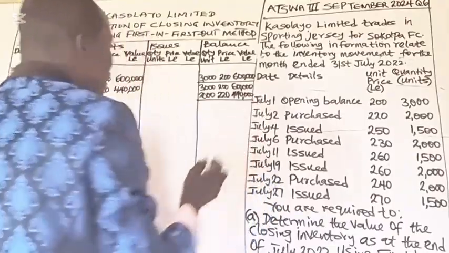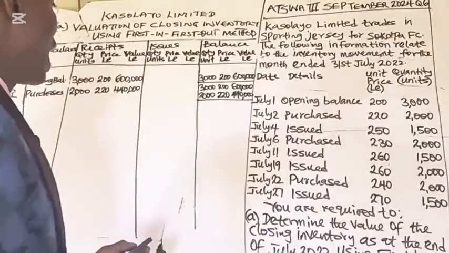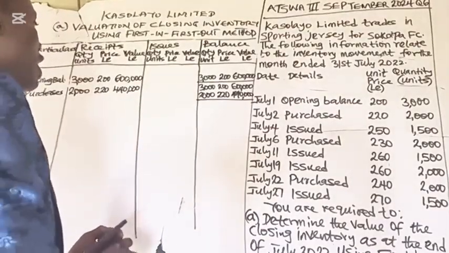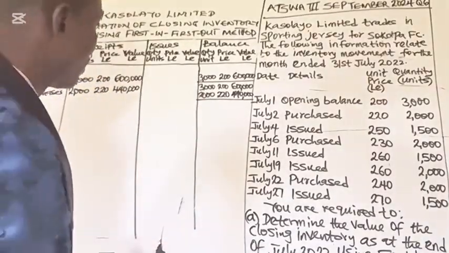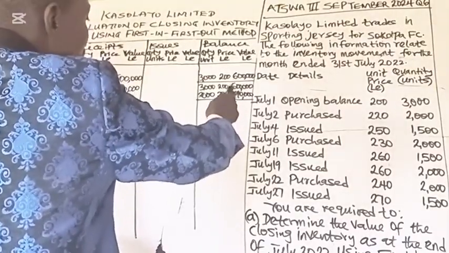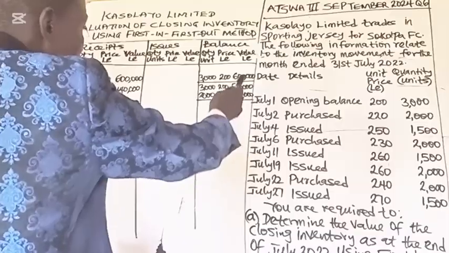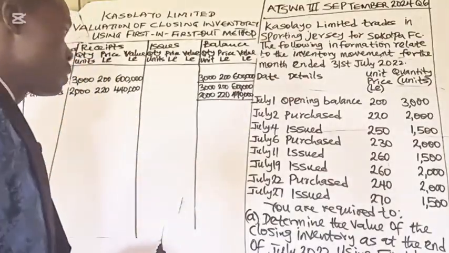This is the total items you have in inventories. That means your inventories now increased to 5,000, 3,000 plus 2,000, and the value increased to 1,040,000, the sum of the 600,000 and 440,000.